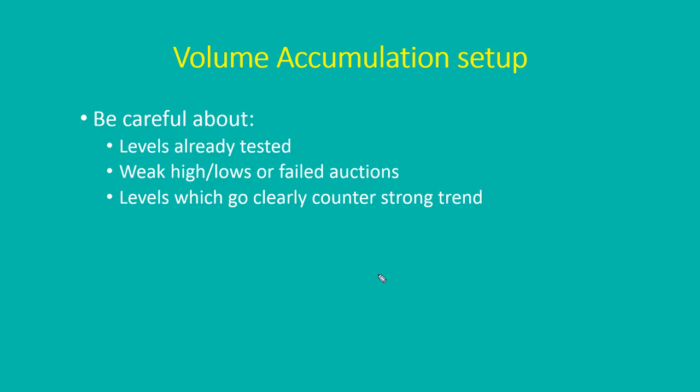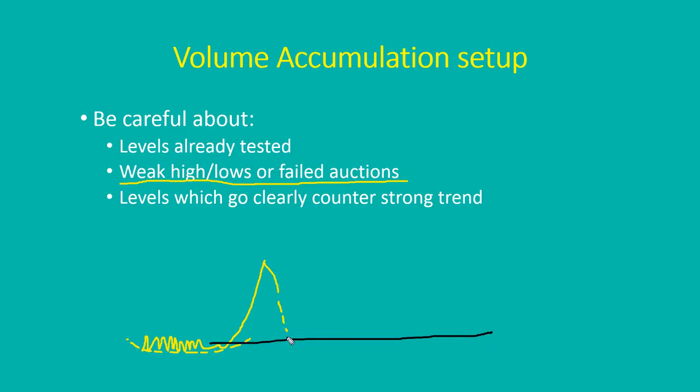The second thing which you need to be careful about are weak highs or lows or failed auctions. So if there is some rotation, but it's sort of a weak low in here, then it's very risky to enter the level in the rotation, to enter the long from there.